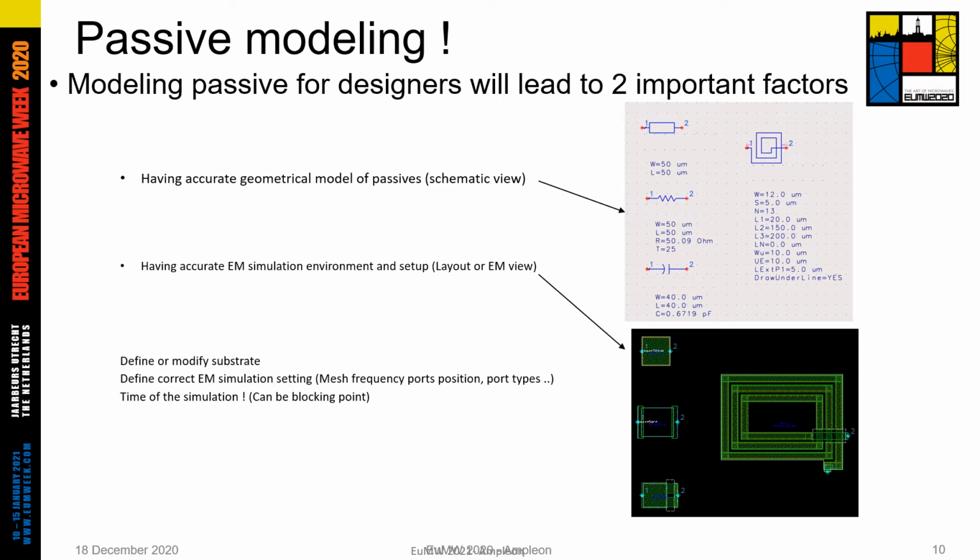Considering that you want to design a PA at 30 gigahertz, to capture the third harmonic, the EM simulation needs to be done up to even 100 gigahertz. For some big structures, this can take weeks, and it can completely block your simulation.